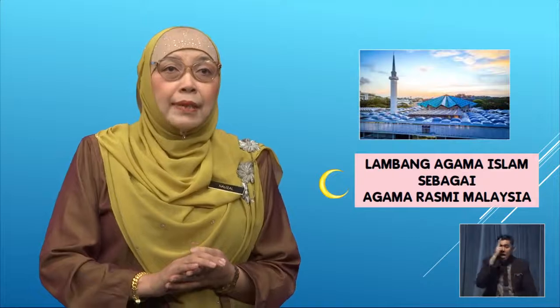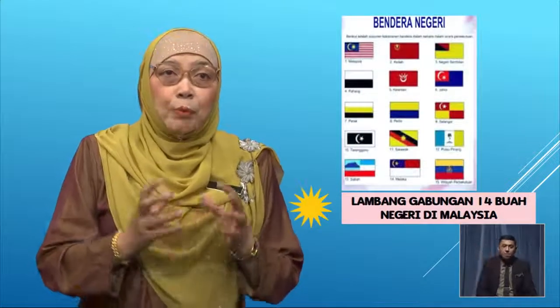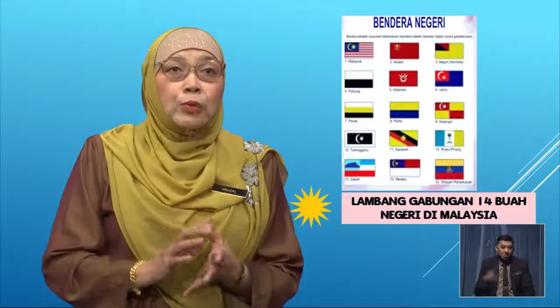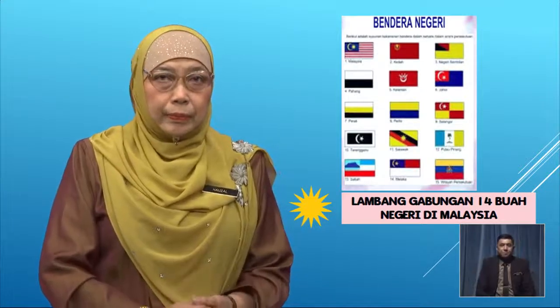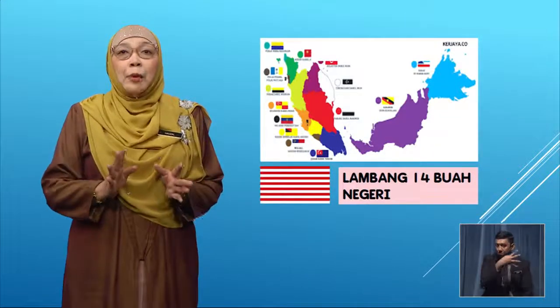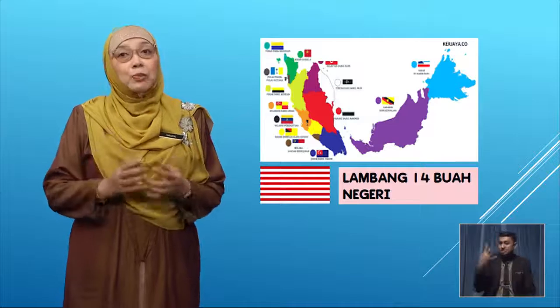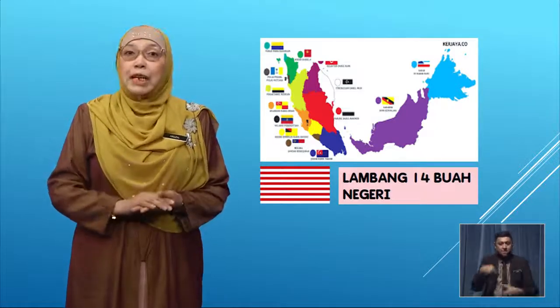Bulan sabit lambang agama Islam sebagai agama rasmi Malaysia. Bintang pecah 14 lambang gabungan 14 buah negeri di Malaysia. 14 jalur melambangkan 14 buah negeri dalam Malaysia.